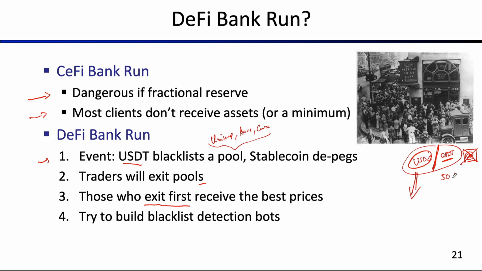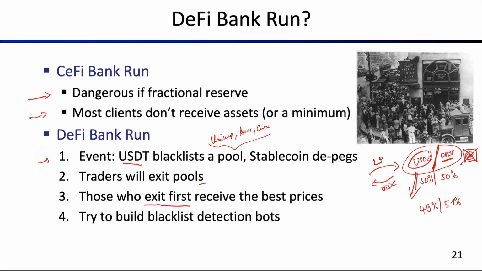Because if we assume that this pool is perfectly balanced out, 50-50, and you take out a small fraction, let's say, of USDC, and then let's say 49% USDC and 51% USDT are left, just for the sake of example here. Then your price that you get, because you will be paying LP tokens to the pool, and the pool will give you back USDC, right? This is the way that you can exit the liquidity pool.